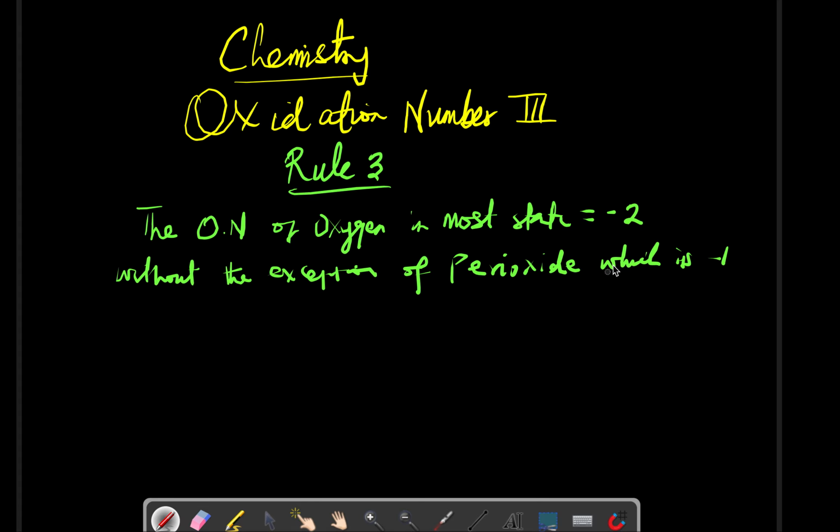When I talk about peroxide, I mean hydrogen peroxide. For example, hydrogen peroxide, the formula is H2O2 like this.